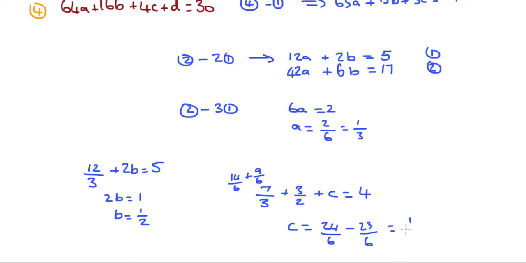C is a sixth. So we've got A is a third, B is a half, C is a sixth.